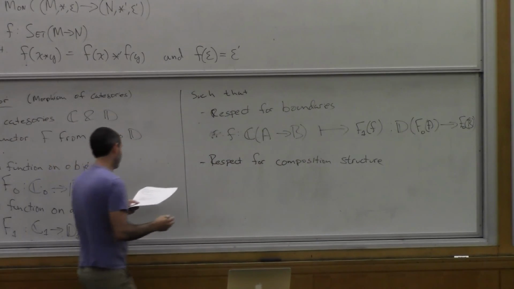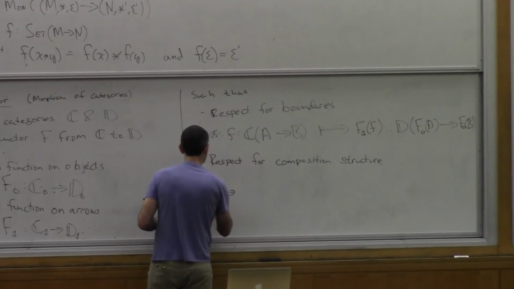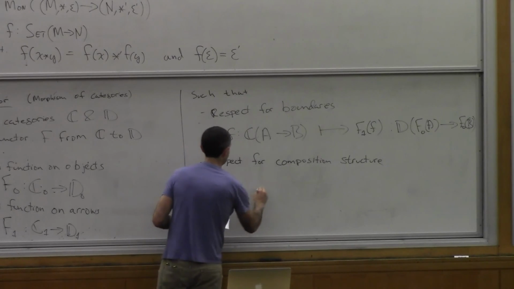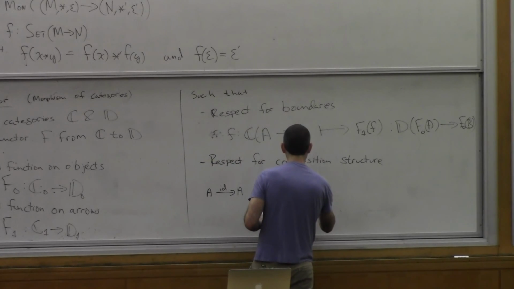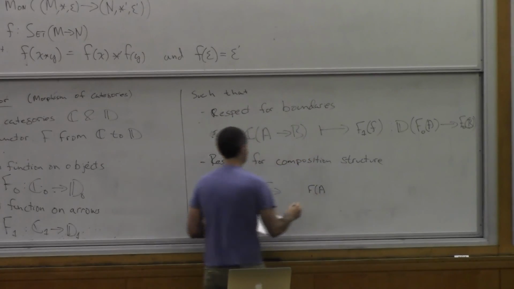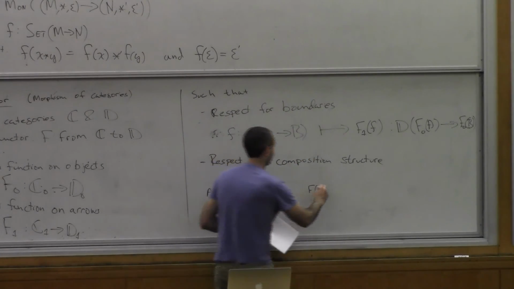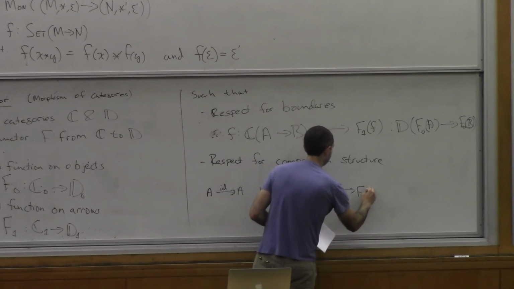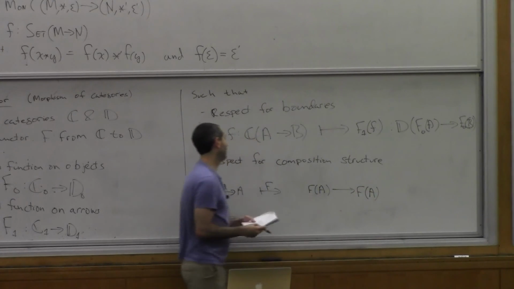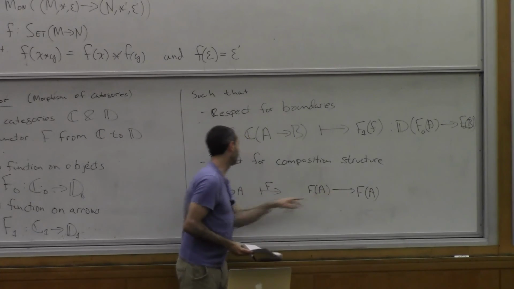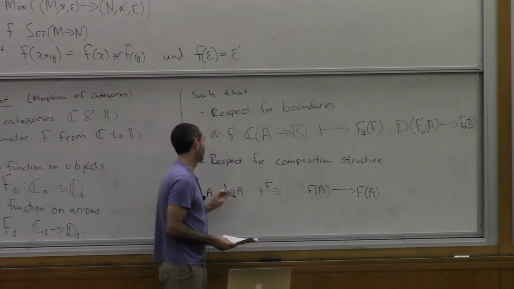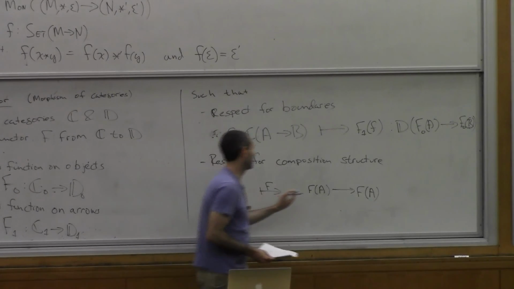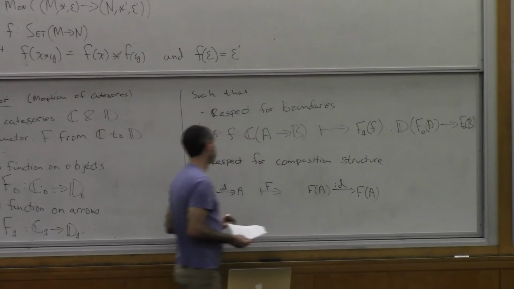The easiest way to explain this is if we have an identity arrow, then that gets mapped by the functor to some arrow from F of A. Okay, I'm going to stop writing the subscripts because they're, again, obvious based on the dimension, right? But this has to be some arrow from F of A to F of A, because that's where the object part sends A. And now the question is, which one? Well, if it's respecting the composition structure, it could send the identity to the identity.